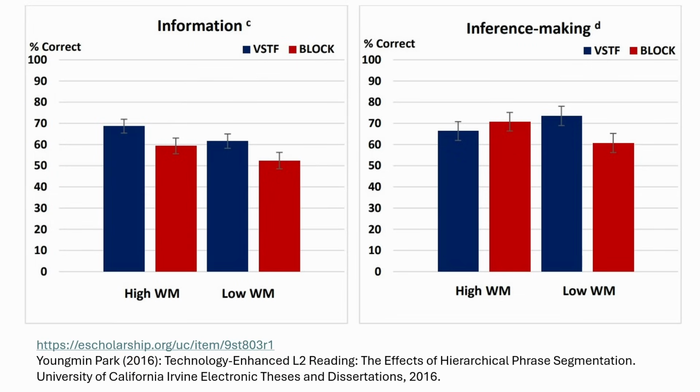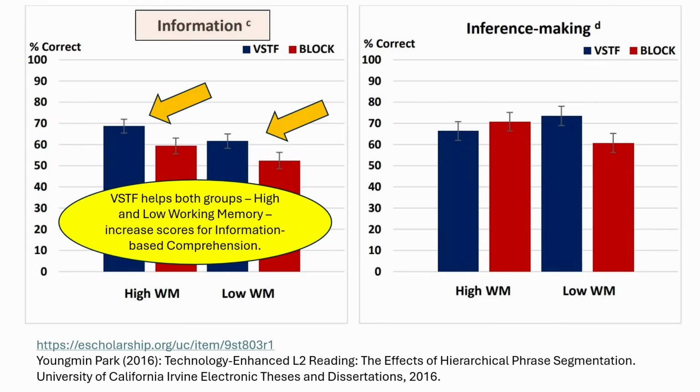There were 2 groups, the high working memory group and the low working memory group, and there were 2 kinds of comprehension testing done. One comprehension test was for information, and the other comprehension test was for inference making. In the comprehension test for information, VSTF helped both groups, the high and the low working memory group, increase their scores for information-based comprehension.